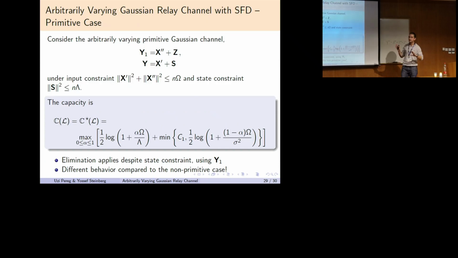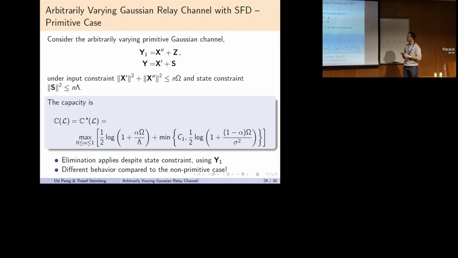So now we go to the Gaussian case. Till now, we talked about the general case for the arbitrarily varying primitive relay channel. Now we go to the Gaussian case, and we showed that there is a different behavior compared to the non-primitive relay channel. Here the relay receives x double prime plus z as before, and now the decoder receives this x prime plus s and an index from the relay.